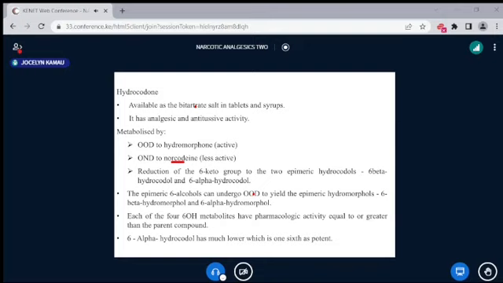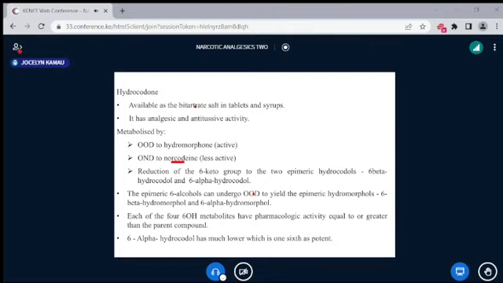Each of the 4 6-hydroxy metabolites has pharmacological activity equal to or greater than the parent compound. We have 4 of them because we have these 2 epimers. We have the hydroxyl group at position number 6, and it can be alpha or beta.